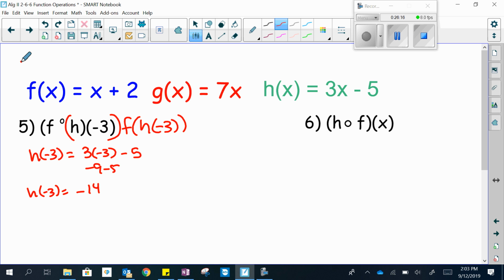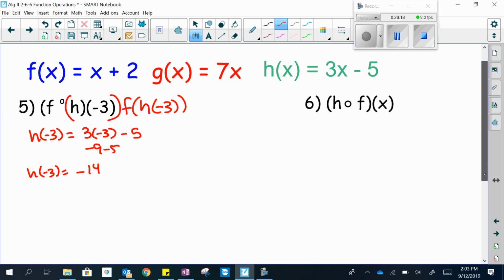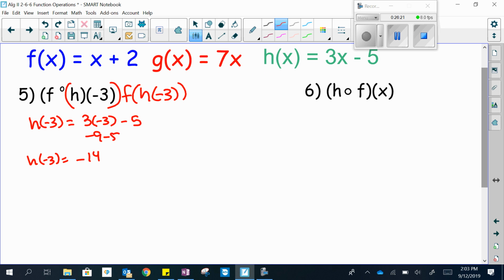Everyone agree with that? Now let me ask you this. Am I done with this problem? No, because I'm doing f of h of -3. I got h of -3. What do I use this number for? I'm going to use it for f now. So I go, okay, f, I know h of -3 is -14. So f of h of -3, and then I use the f function.